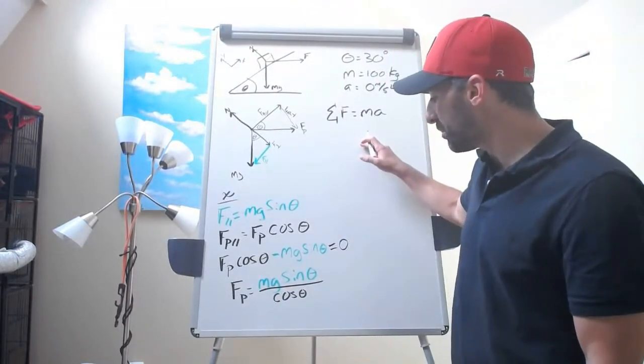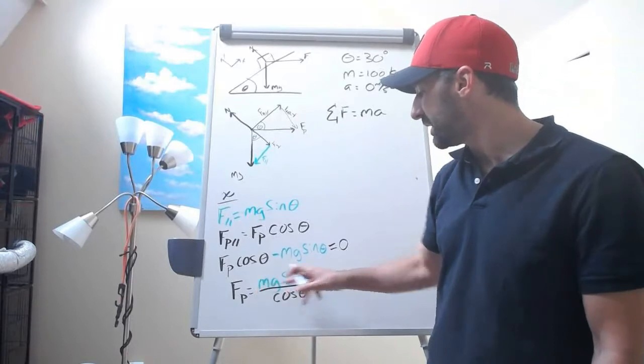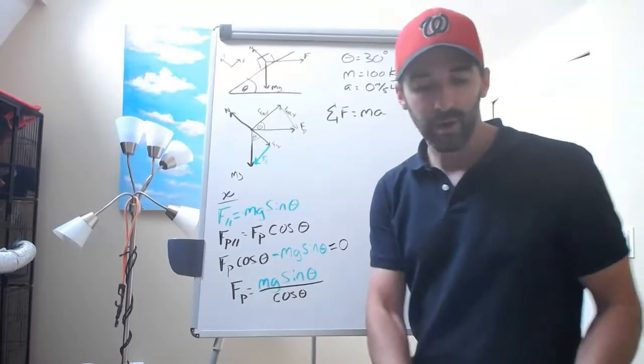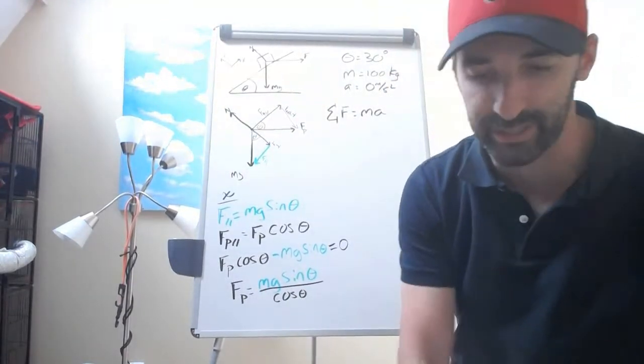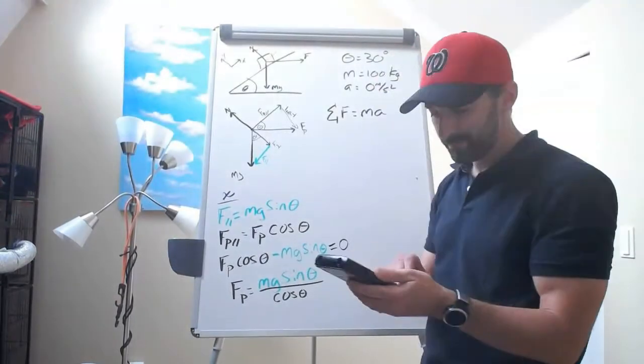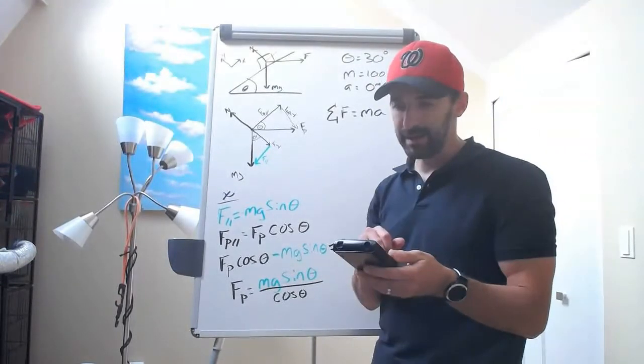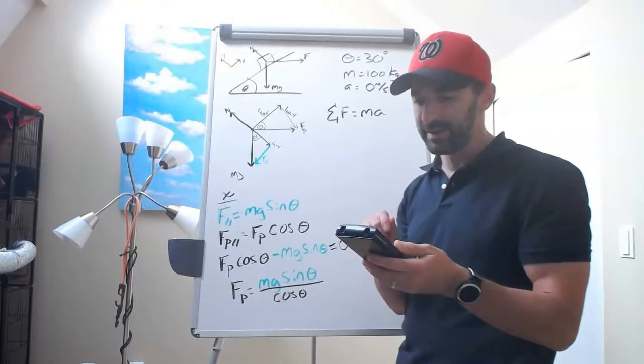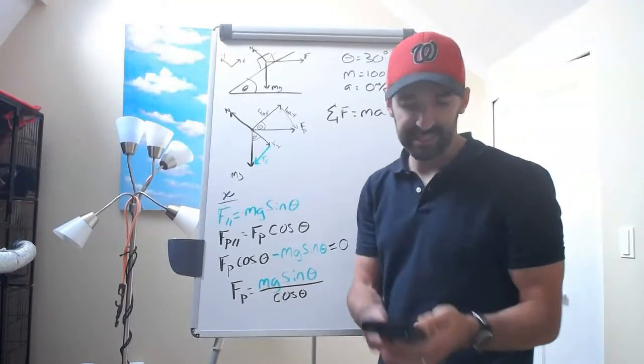So my F push is going to be mg times the tangent of theta, or if I do it, now you want to make sure your calculator is in degrees. I got a force of 57.7.